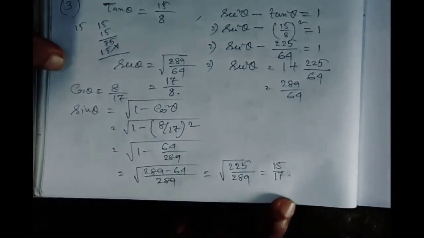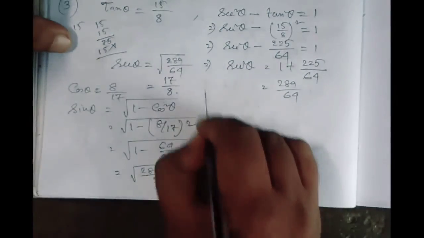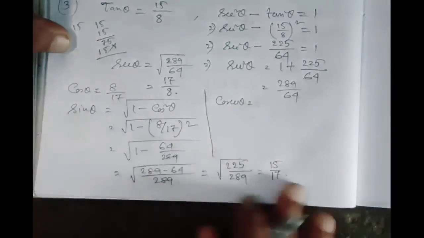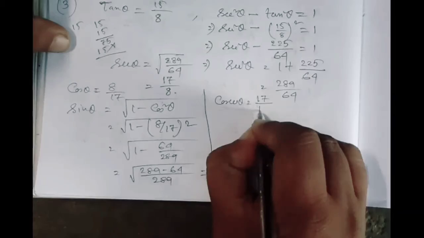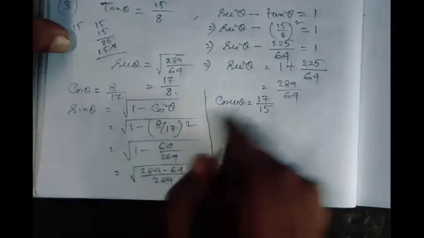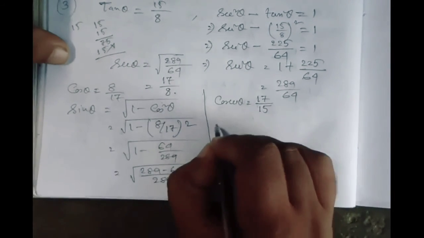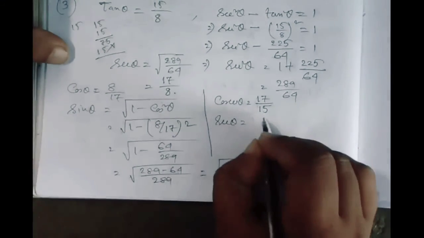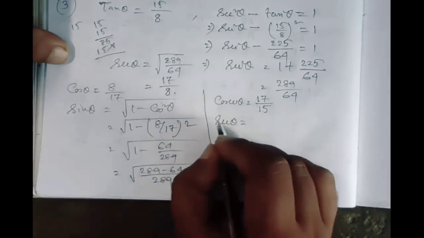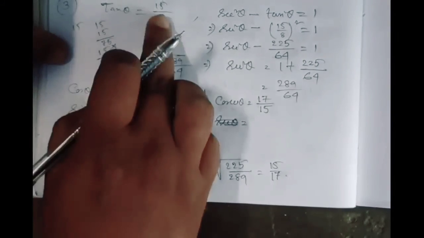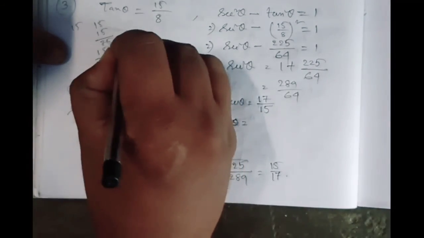So sin theta is equal to 15 by 17. Next, cosec theta is obviously 17 by 15. Sec theta is already done. Cot theta we have to find. Tan theta is equal to 15 by 8, so cot theta is 8 by 15.